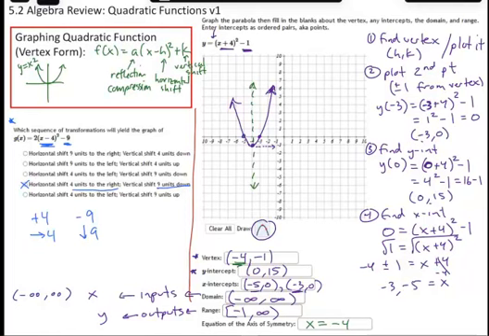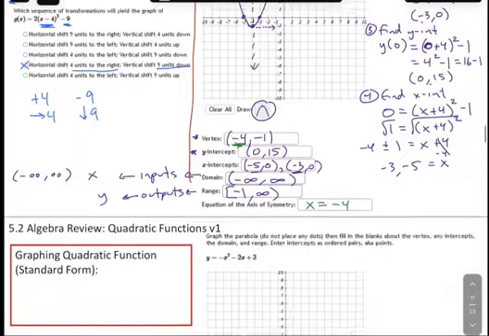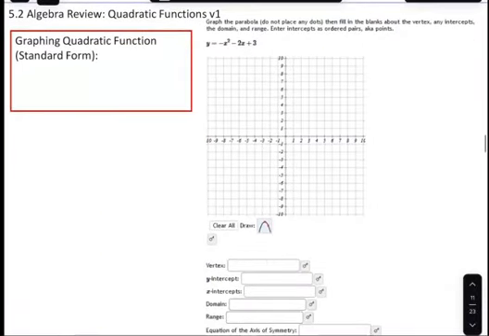Okay, now, this same set of questions is going to be asked for standard form, or the general form, as well as for intercept form. Okay, so let's take a look at how you would answer each of those. All right, so standard form once again, or the general form here.